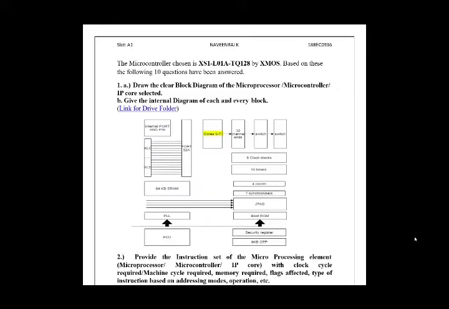Yes, the first question is to draw the clear block diagram of the microprocessor, microcontroller, or the IP core selected. And here is the given block diagram of XS1-L01A TQ128 by XMOS.